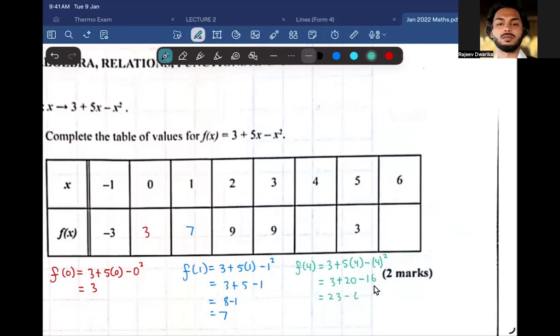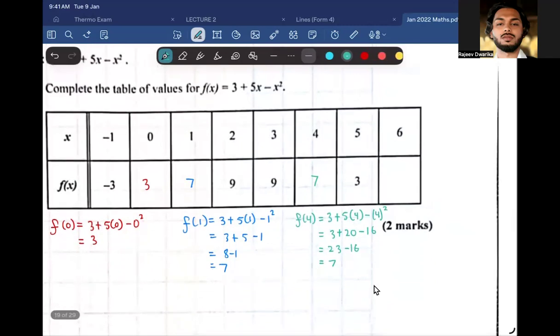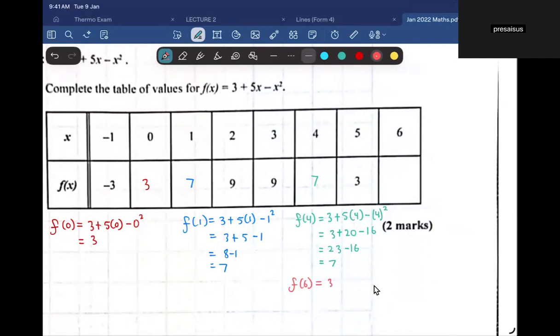What's 23 minus 16? 7. All right, so this is going to be 7. And how would I find f of 6? f of 6 is 3 plus 5 open bracket 6 minus 6 squared.